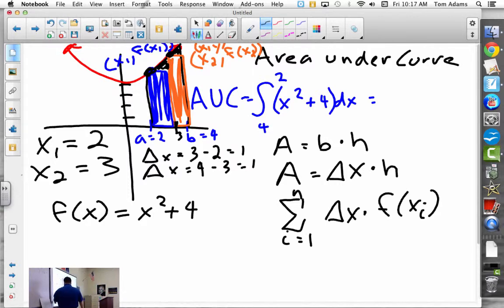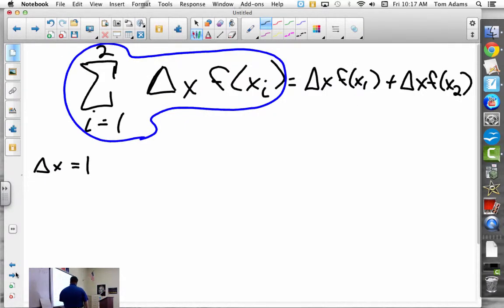Here's a trick though. If I'm adding this up, what do you notice about these terms? They are the same.